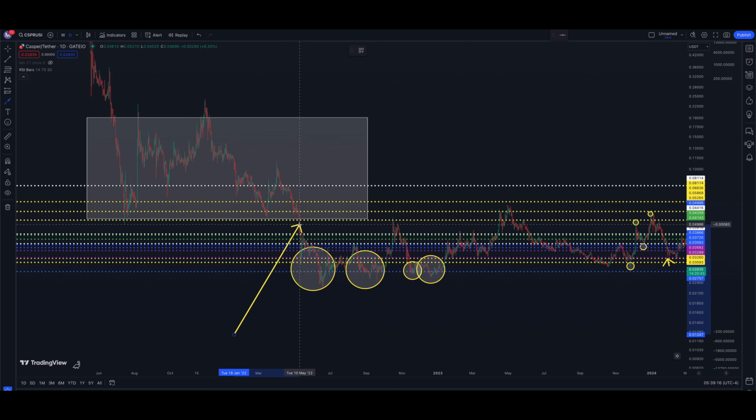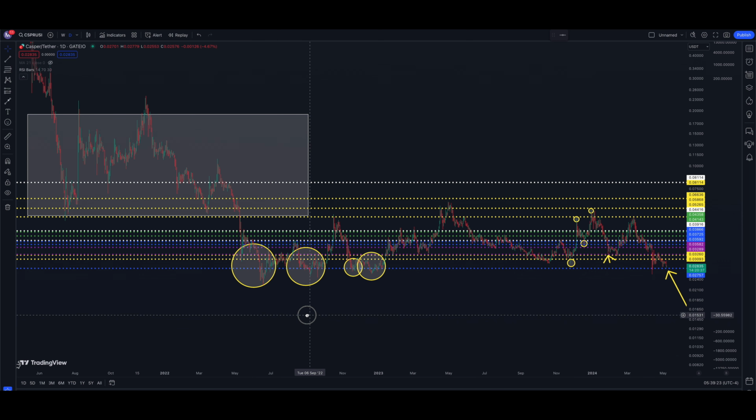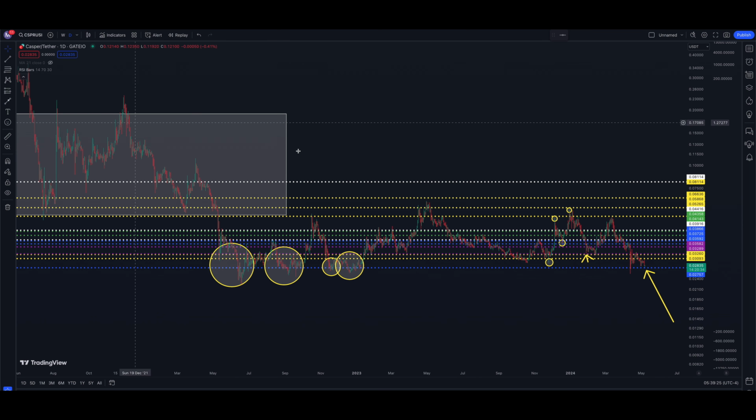It got broken over here in May of 2022, and then that area became resistance. So all of our recent highs here, in October 22, May of 23, and recently January of 24, turned the old floor of support into a ceiling of resistance.